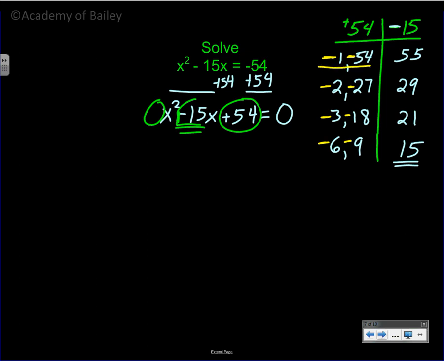And so negative 1 minus 54, negative 55. Negative 1 minus 27, negative 29. Negative 3 minus 18, negative 21. And negative 6 minus 9, negative 15. And I know I said negative 6 minus 9, but that's also the same as adding the two negatives together.